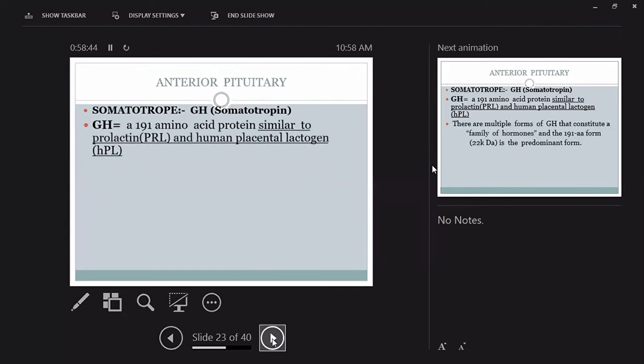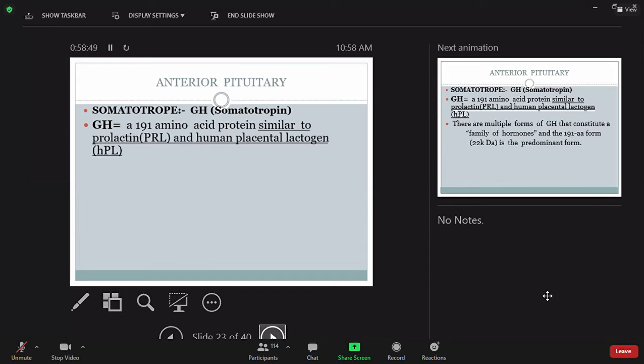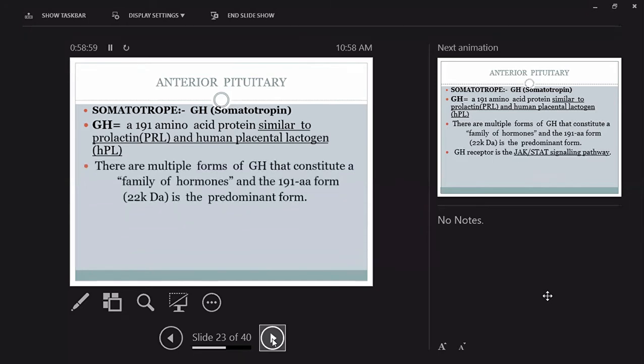Somatotrope, growth hormone, somatotropin. This is also a big molecule, 191 amino acid, similar to your prolactin and human placental lactogen. There are multiple forms of your growth hormone that constitute a sort of family of hormones.